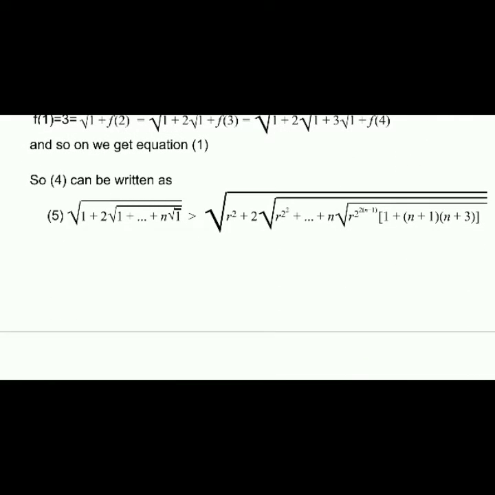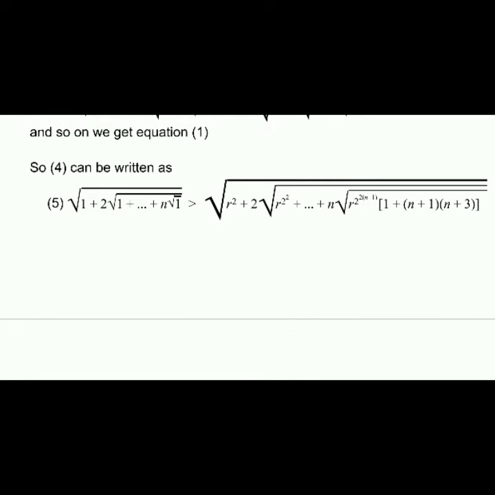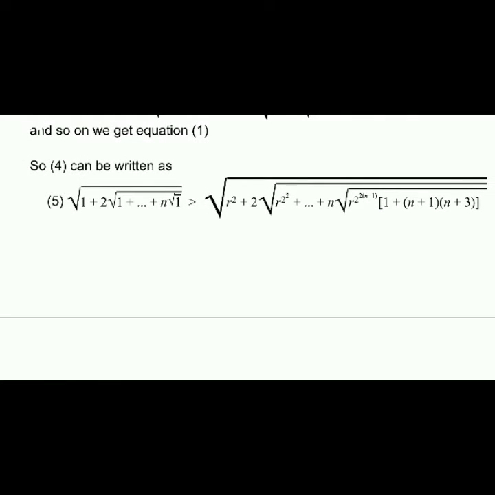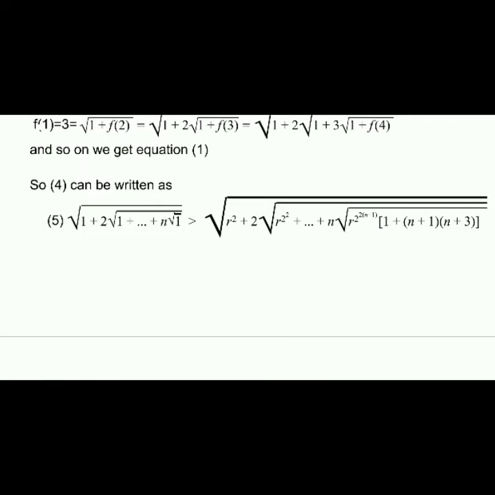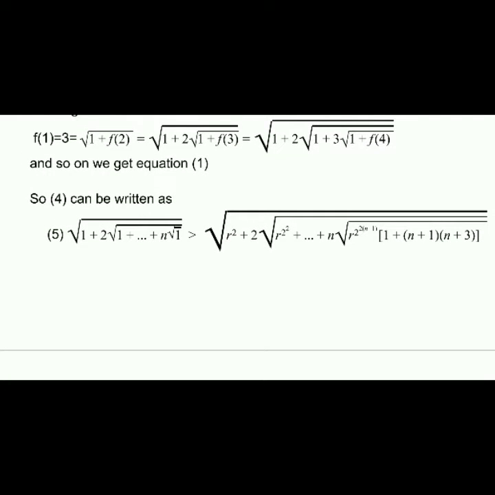When we take r inside the root, we are left with r² here, r² to the power 2, and so on. When it increases, we get r² to the power 2 to the power 2 to the power 2, n minus 1 times. So that is r to the power 2 to the power 2n minus 1, n times, into, here I put the value 1 + (n+1)(n+3).